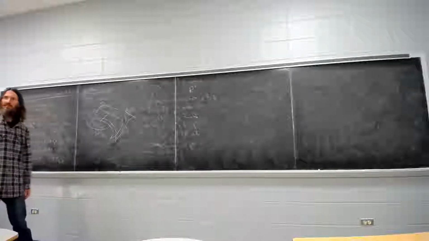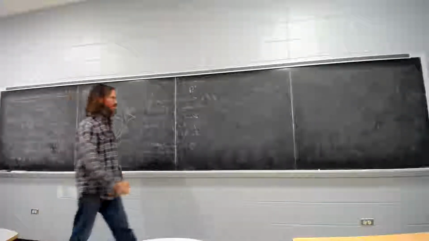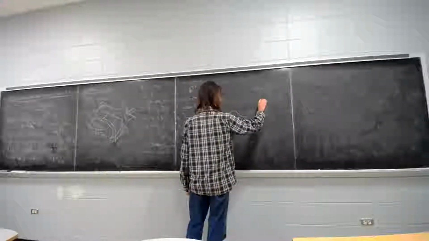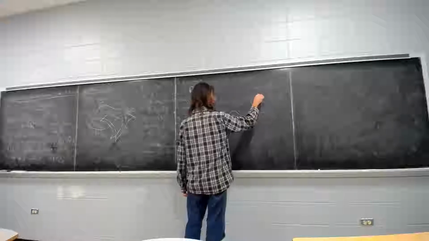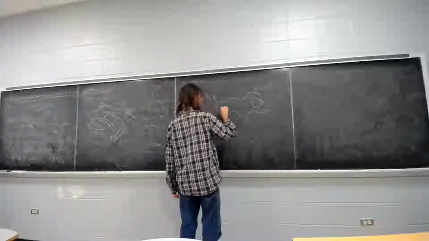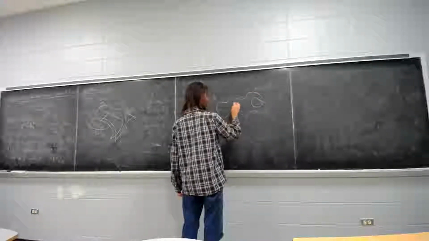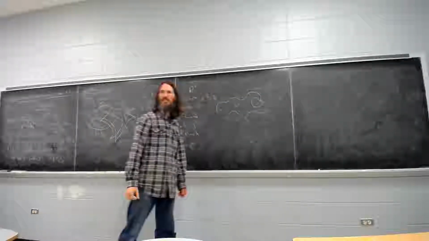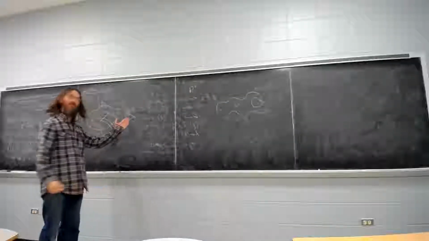What's it pretty much right on the fold? Right on the fold, it's the singular surface. It will be something like this, and you have an interval's worth of those along the fold.